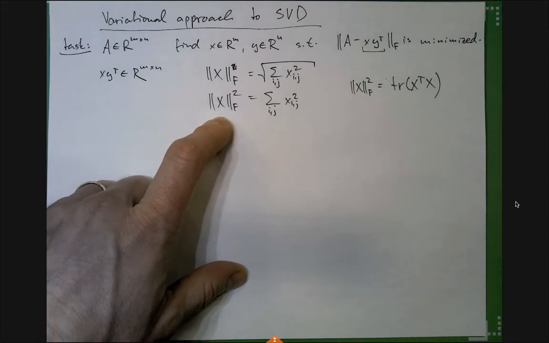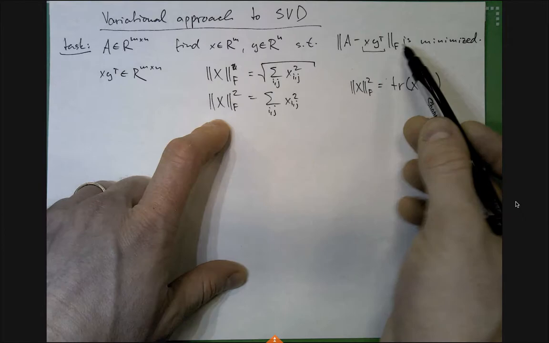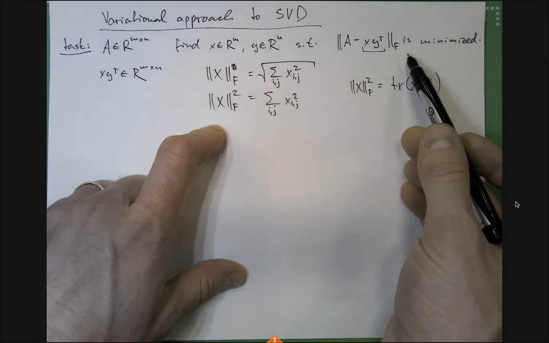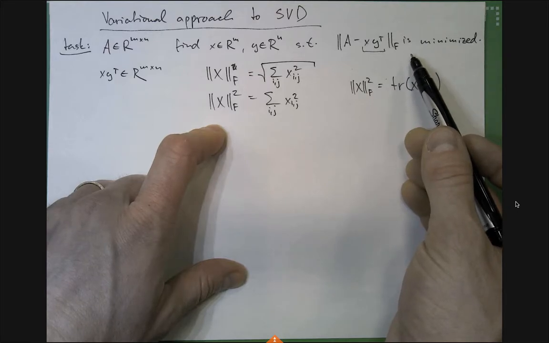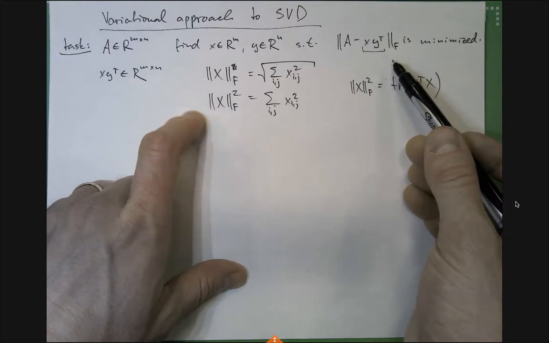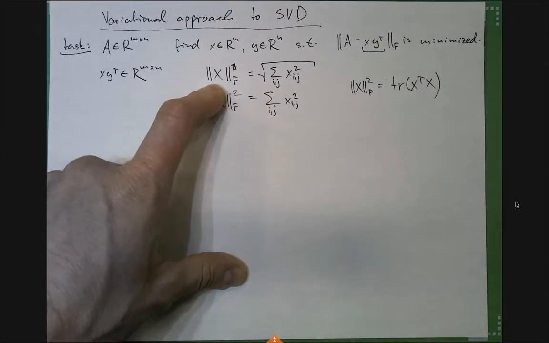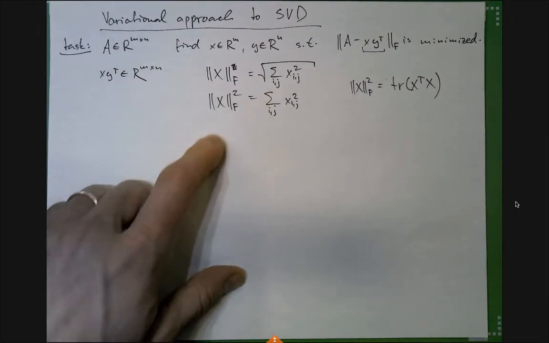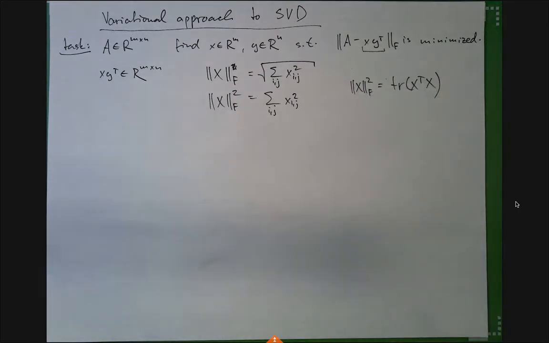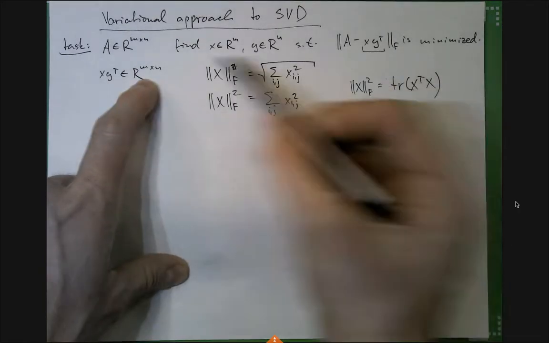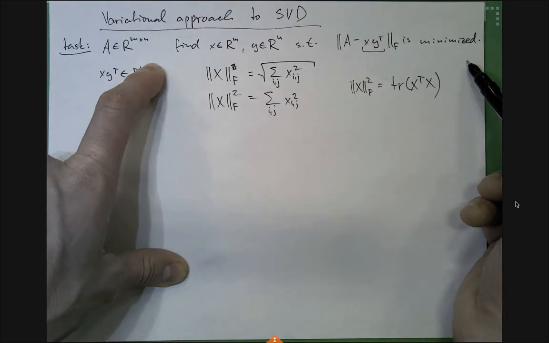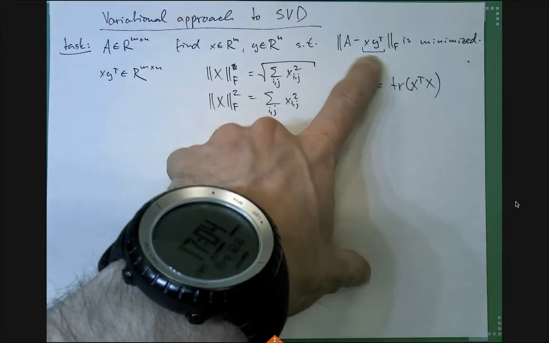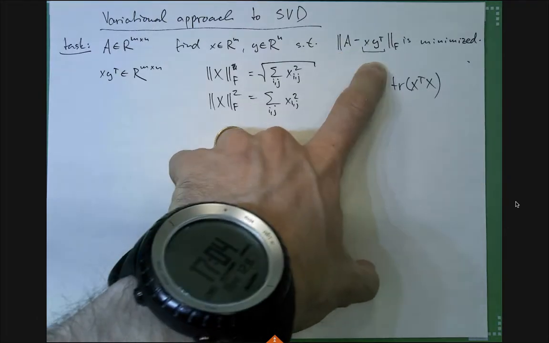If it was a vector, you can also apply the Frobenius norm, and then you're just down to the ordinary Euclidean norm. That's clear, I hope. The other way you could look at it is that you vectorize the matrix X and then compute the standard Euclidean norm. Many different ways you can look at this very simple concept. So what is this optimization problem asking us to do? It's asking us to find an x and y such that the difference between A and xy^T is small.